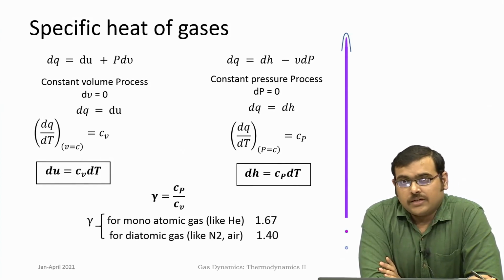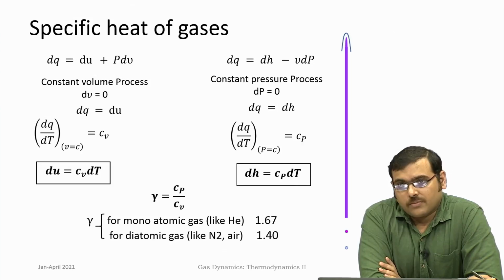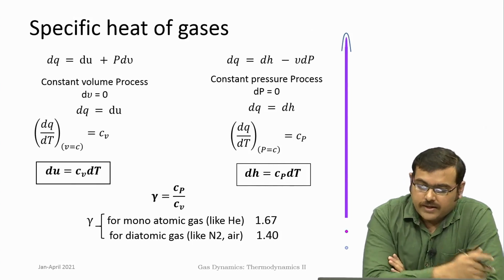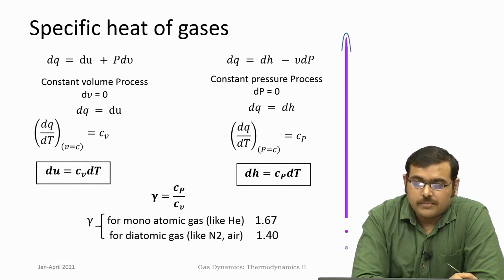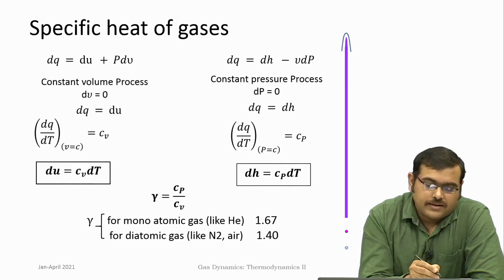But for gases the addition of heat involves changes in pressure and other state variables, also the density or the specific volume. So you should look at the process under which this addition of heat happens. If you take the first law of thermodynamics and consider the internal energy equation, then you have dq is equal to du plus p dv.